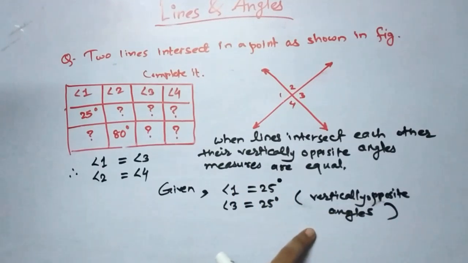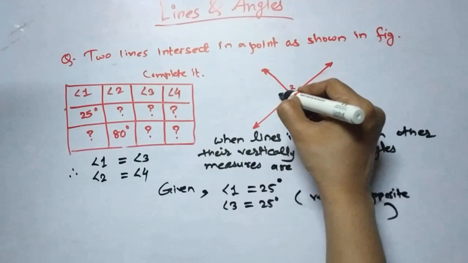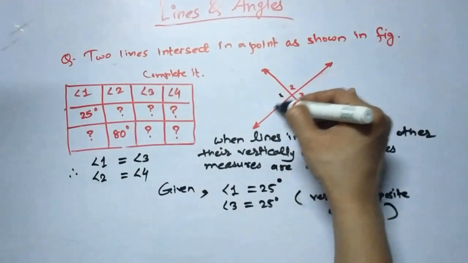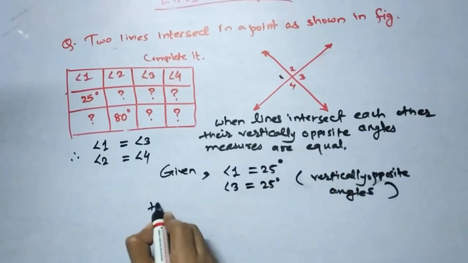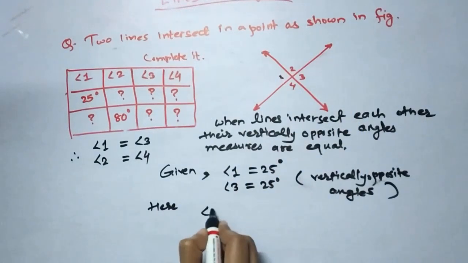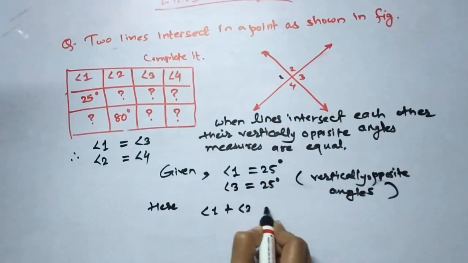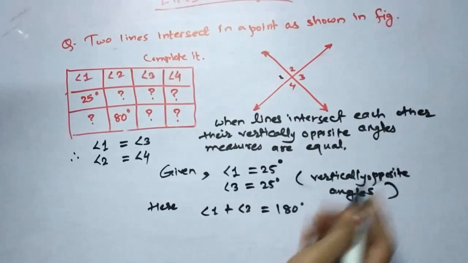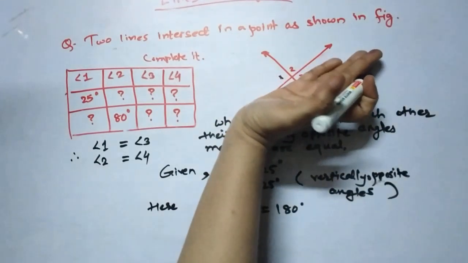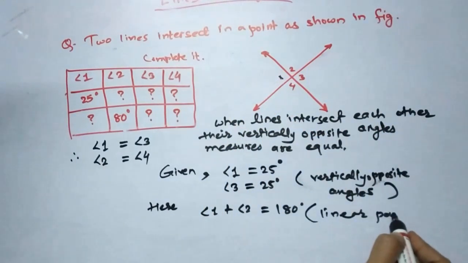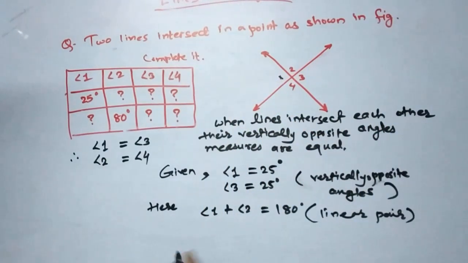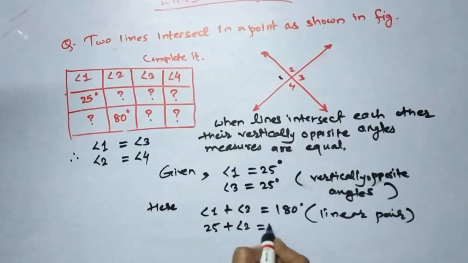So friends, now we can go for a linear pair. I want to find out these two. Here you can see from the figure, angle 1 plus angle 2 is equal to 180 degrees. You can see carefully this above part, these are the linear pair. So linear pair is going to be 180 degrees. So angle 1 is 25 degrees plus angle 2, we need to find out.